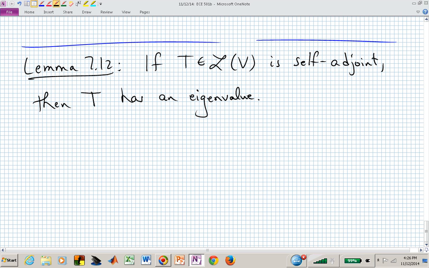And now that's generic in terms of whether we were on a complex inner product space or a real inner product space. I will refer you to the book for that proof. But now, as long as T is a linear operator and it's self-adjoint, then we are assured that it has an eigenvalue.